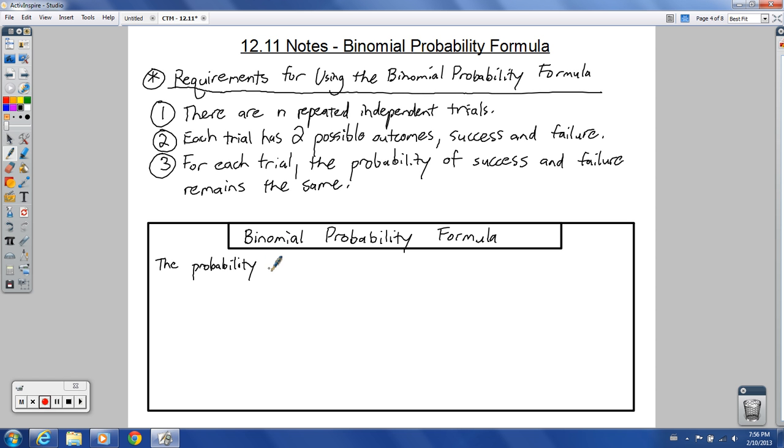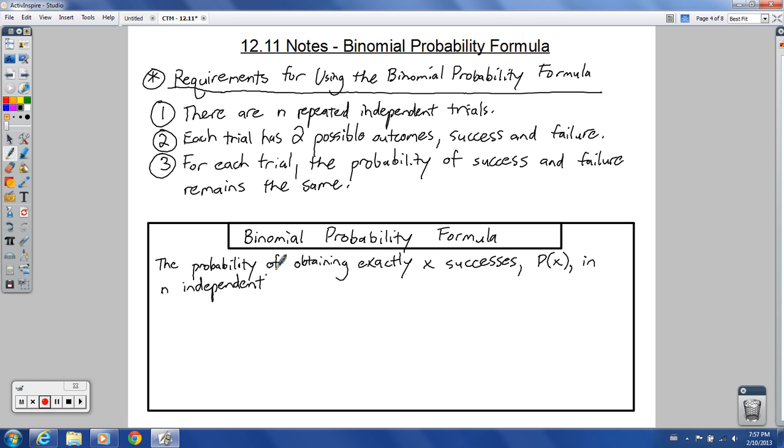Probability of obtaining exactly x successes, not n, x successes. I'm going to use the letter n for something else. So x successes, P of x, capital P of x, probability of x successes in n independent trials. There's our n.